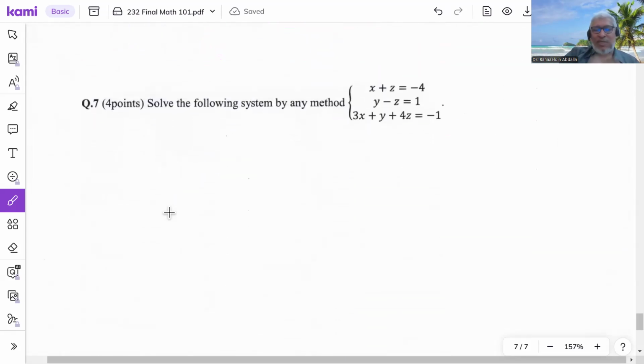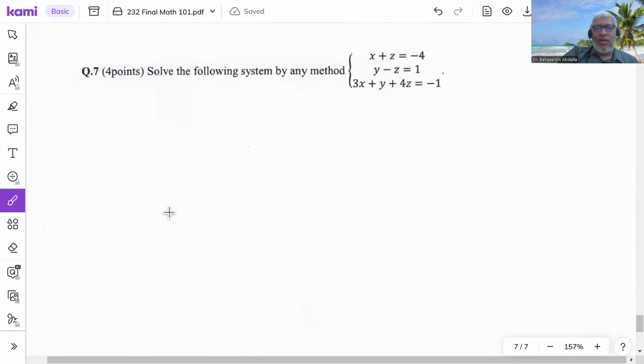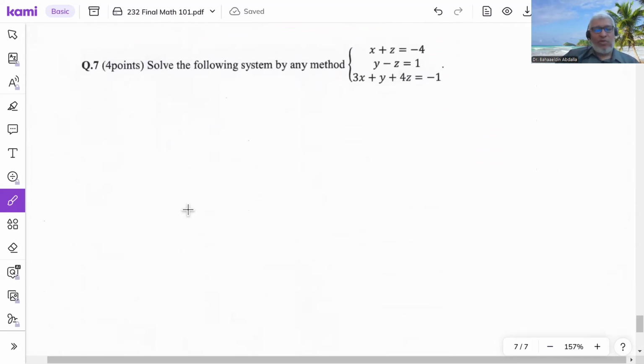Solve the following system by any method. Let us solve it by Gauss or Gauss and Jordan. So let me write the augmented matrix: 1, 0, 1, -4. First equation x, y, z here. X is 0, y is 1, z is -1. The coefficient of x is 3, 1, 4, and -1.